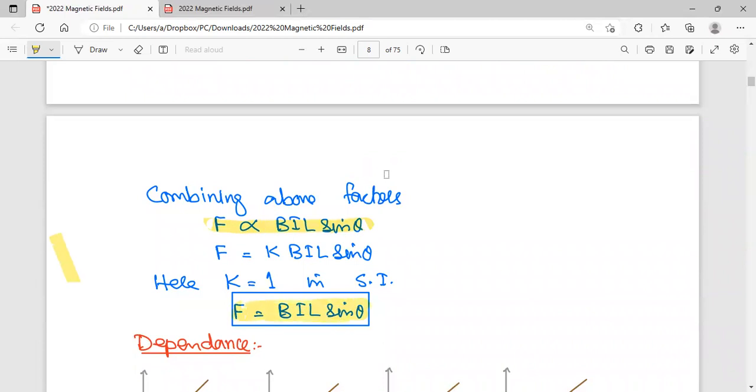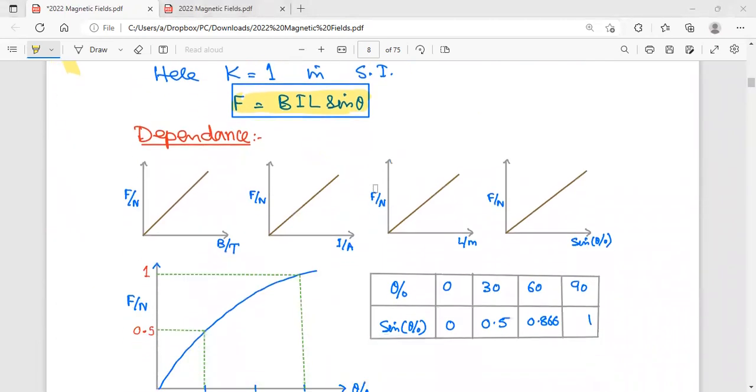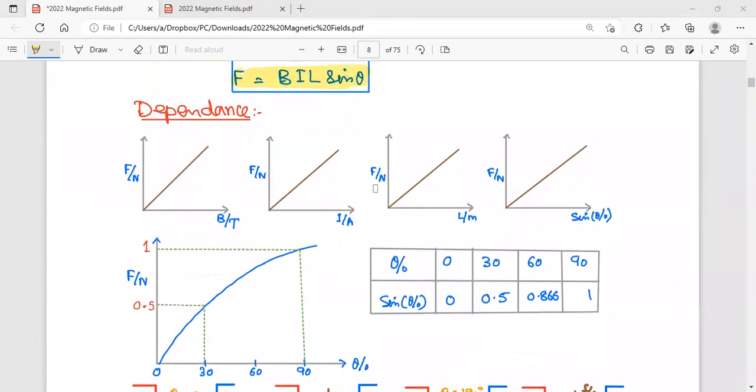So this is the expression that we can use to find the magnetic force acting on a current carrying wire placed inside a magnetic field. Now for the relations, we plot the graph between force and magnetic field strength, force and current, force and length, and force and sine theta.